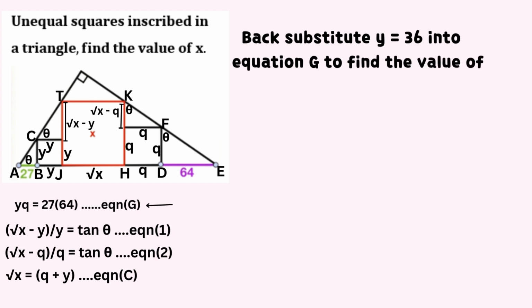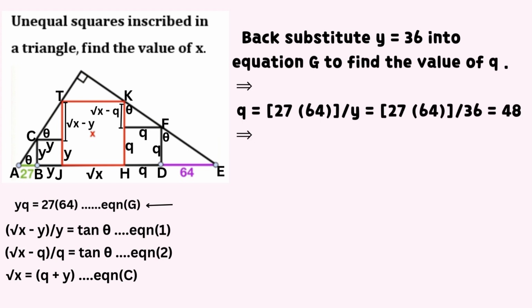Back substitute y equals 36 into equation G to find the value of q. It implies that q equals 27 multiplied by 64, all divided by y, which equals 48, after simplification of the substituted value.